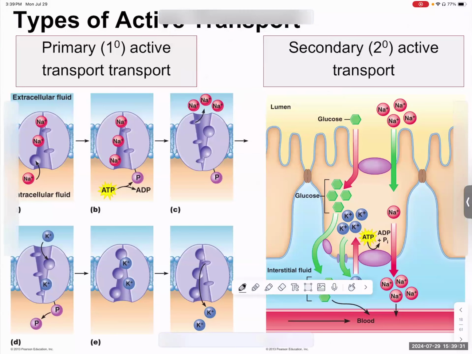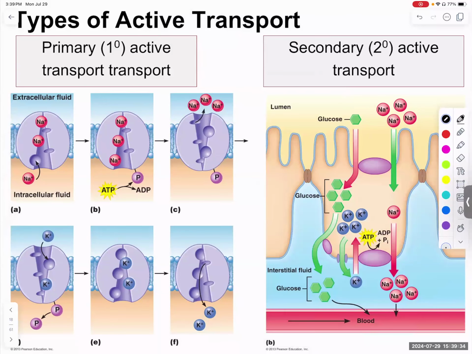There's two types of active transport. There is primary active transport. This directly uses ATP energy. So remember, ATP stores potential energy. That energy is going to get released to then pump those sodiums out and then pump those potassium in.